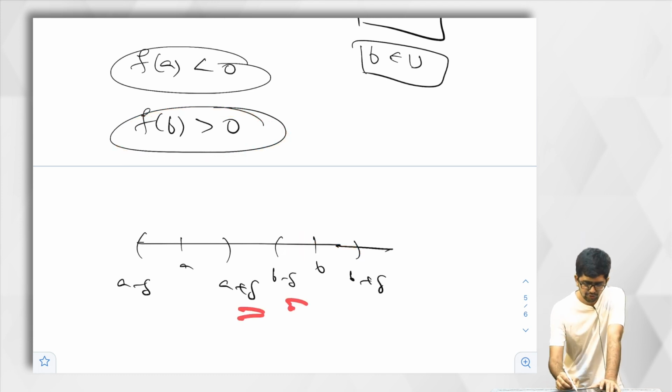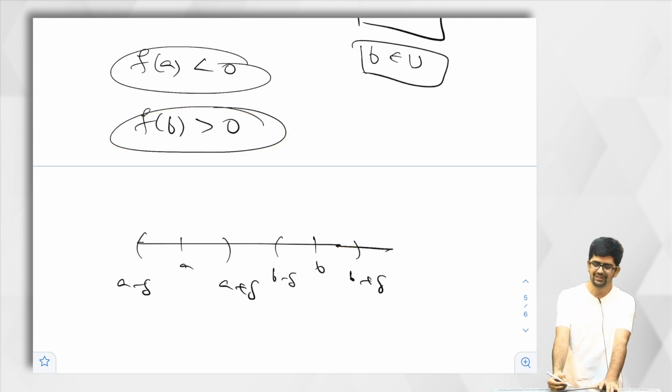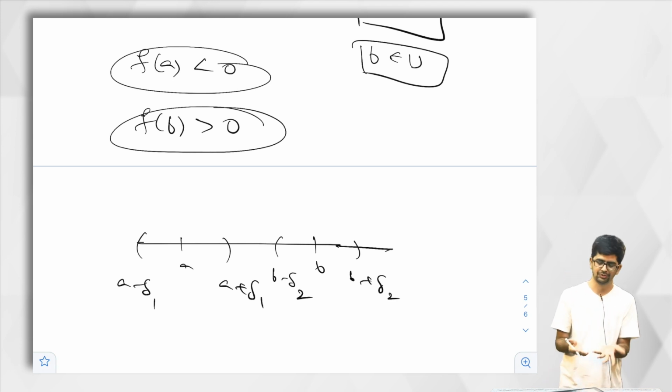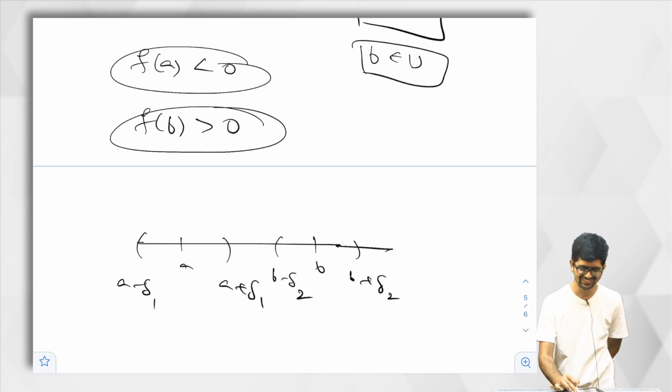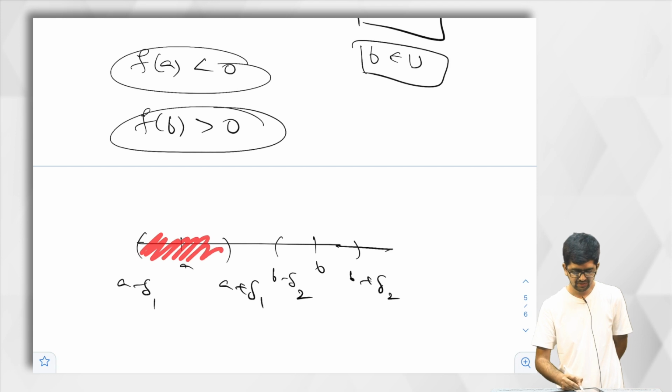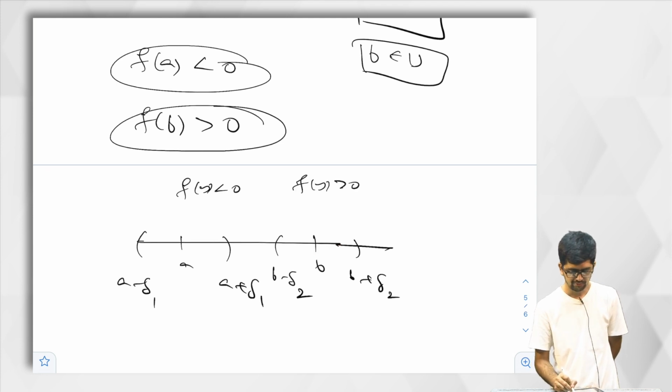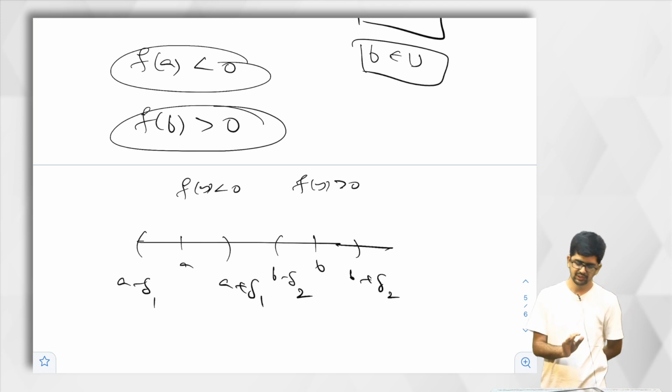If you observe, these two deltas I have written are the same, so let us write delta 1 for a and delta 2 for b, just to differentiate those two. There is no reason why they are the same. So the idea is just this: in this interval f of y is negative, in this interval f of y is positive. That is what you have till now.